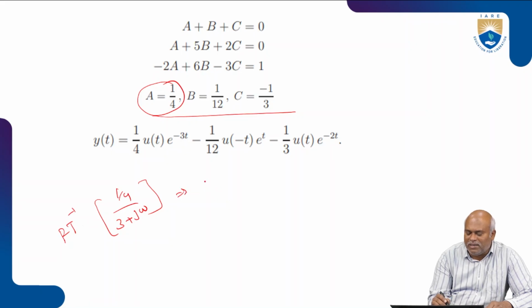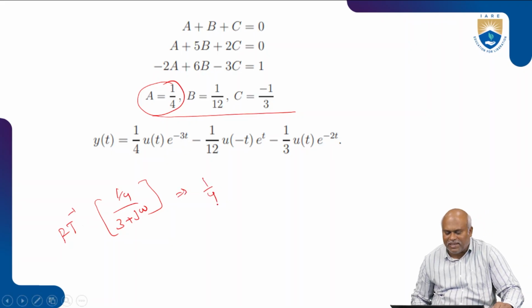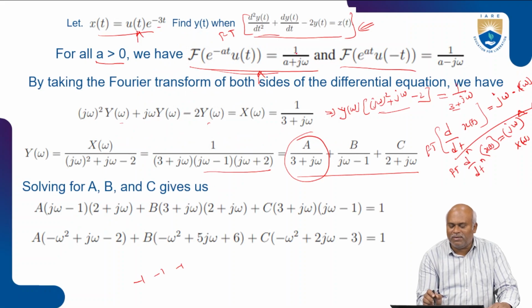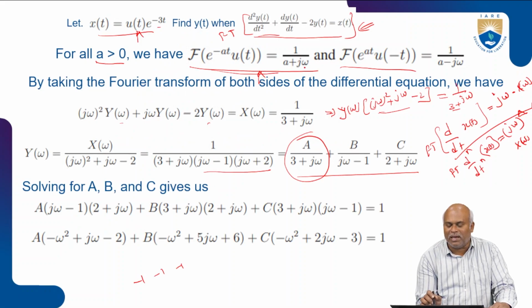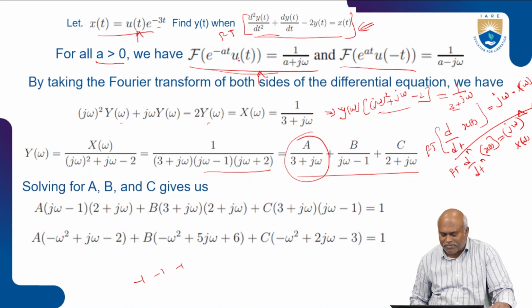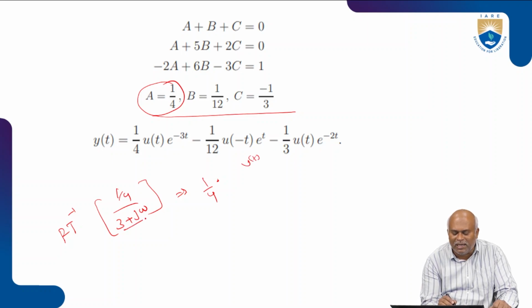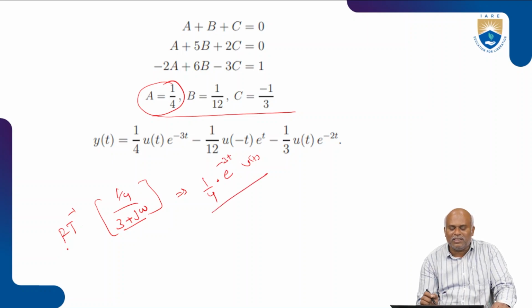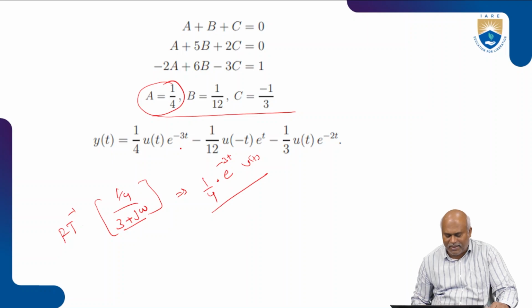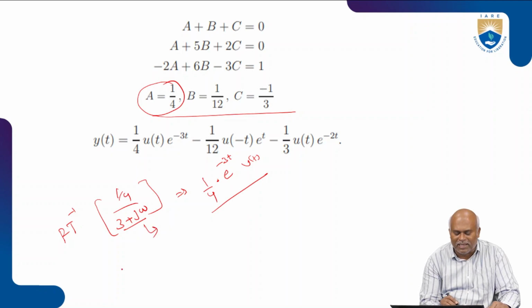What is that? 1 by 4, and for 1 by a plus j omega, in terms of this, it is e power minus at u of t. So now what will happen? 1 by 4 is there, then u of t automatically, then 3 plus j omega gives e power of minus 3t. Now this is the term of the first case. Okay, this term. Another case: Fourier transform inverse.